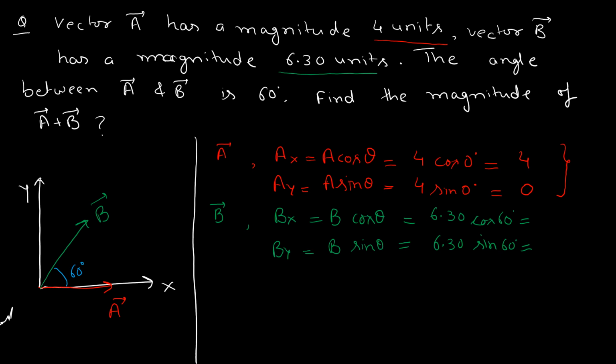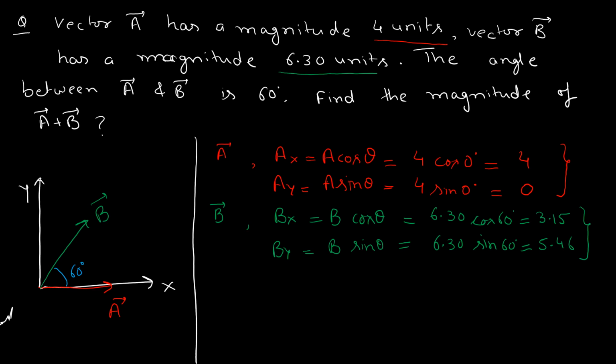So 6.30 cosine of 60 is equal to 3.15, and 6.30 sine of 60 we got 5.46. So these are the two components of vector B.